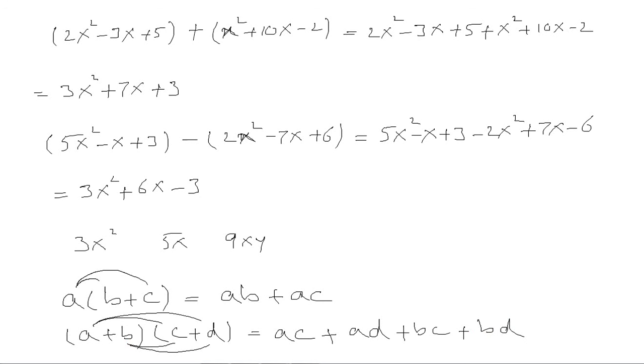Okay, now let me give you some examples. Imagine I have x squared plus 1, and I want to multiply that by 2x minus 7. So first I multiply x squared by 2x, and I get 2x to the power of 3.